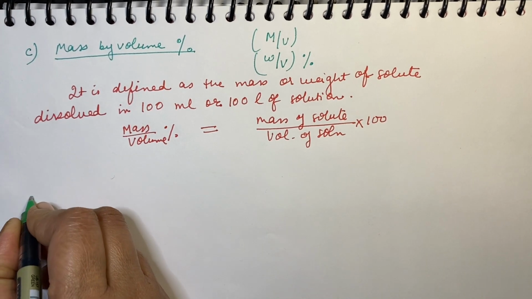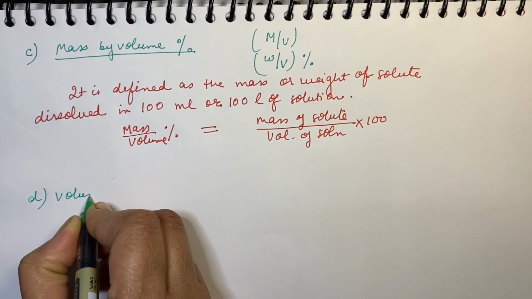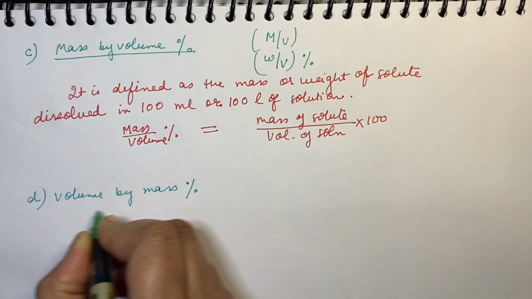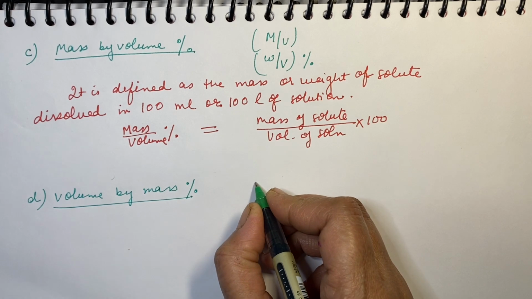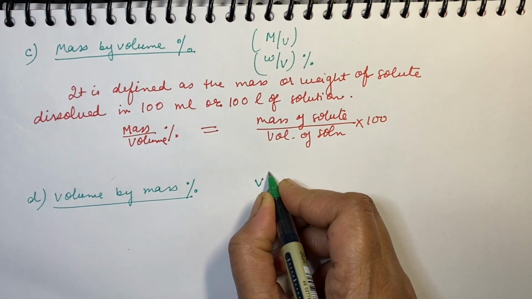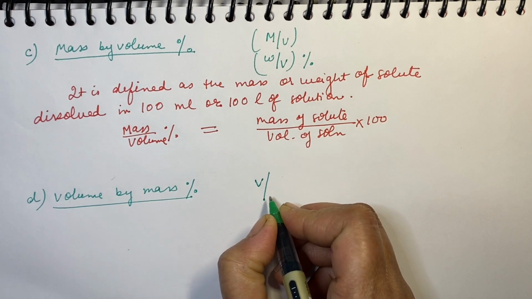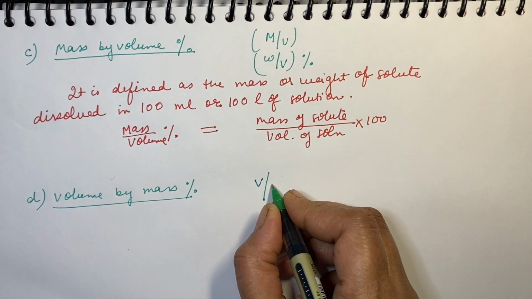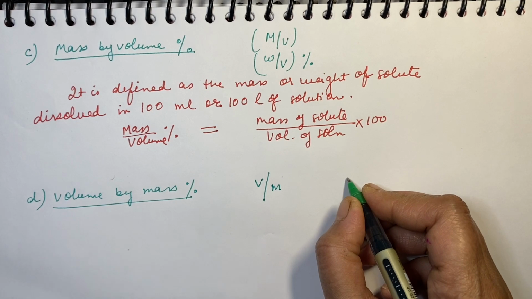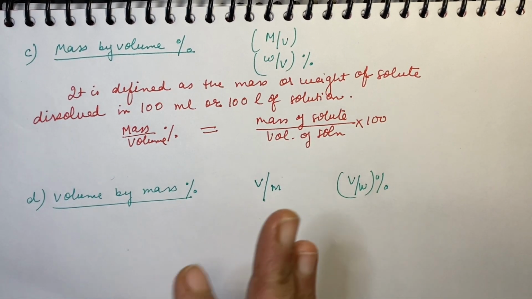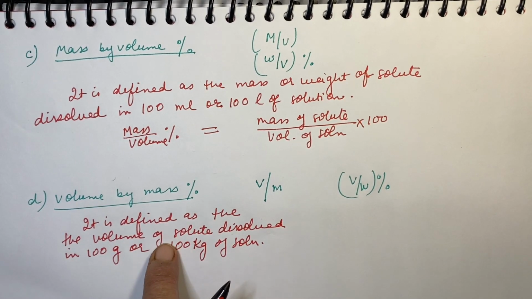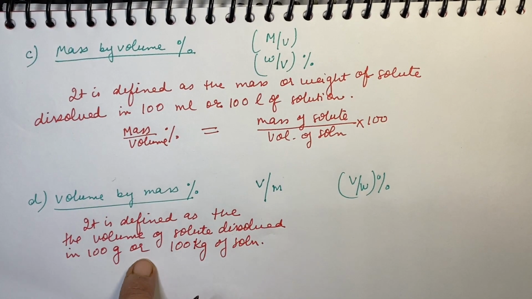The next is volume by mass percent. Now here, the solute is in volume, in liters or milliliters, and the solution has its mass, so this becomes volume by weight percent. Now it is defined as the volume of solute dissolved in 100 grams or 100 kilograms of solution.